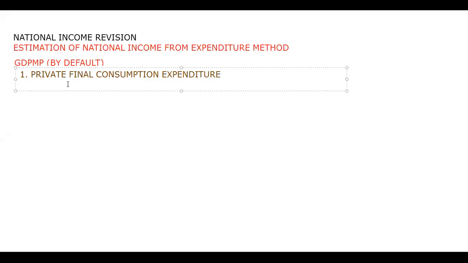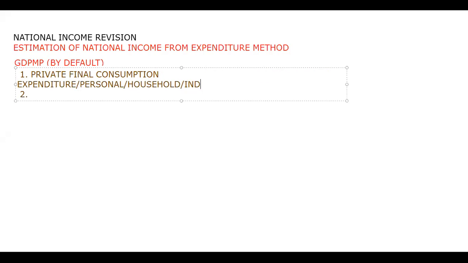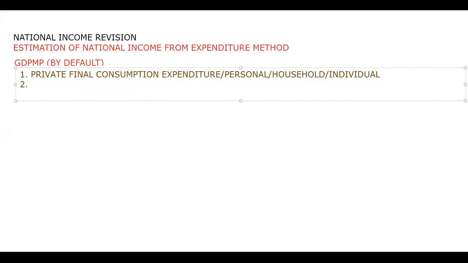So here, first of all, we are taking the expenditure, that is private final consumption expenditure. Can you tell me what is the other name of private final consumption expenditure? We can call it personal final consumption expenditure. Even you can find in the question household final consumption expenditure, or individual final consumption expenditure.